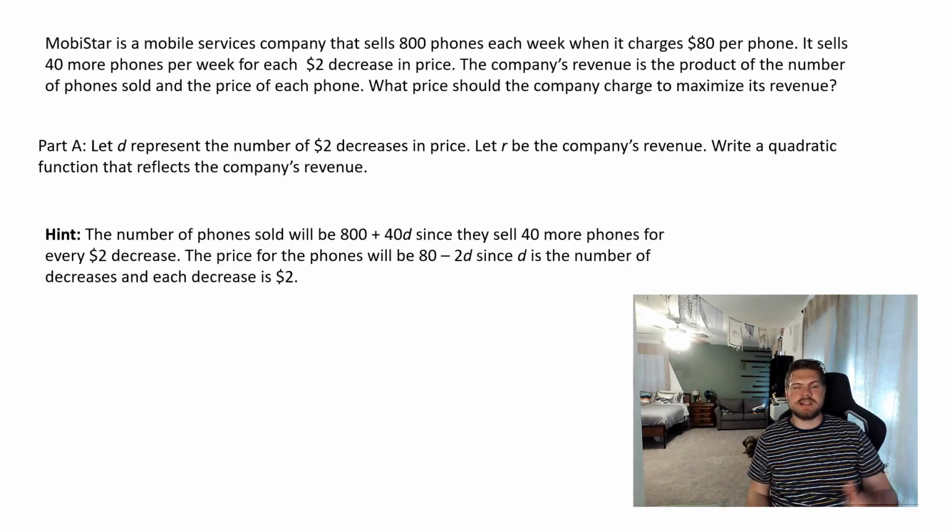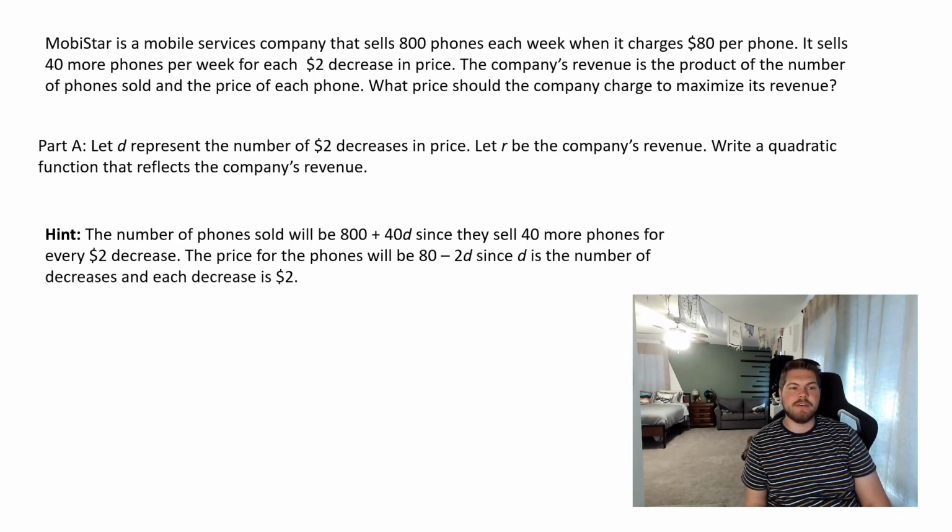All right, this one looks like a lot, but it's not as bad as it looks. Mobistar is a mobile service company that sells 800 phones each week when it charges $80 per phone. It sells 40 more phones per week for each $2 decrease in price.